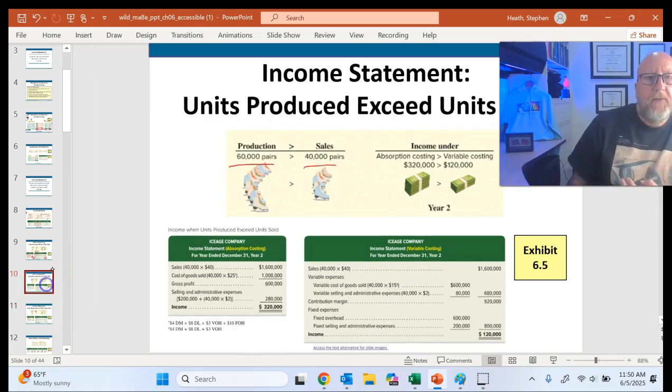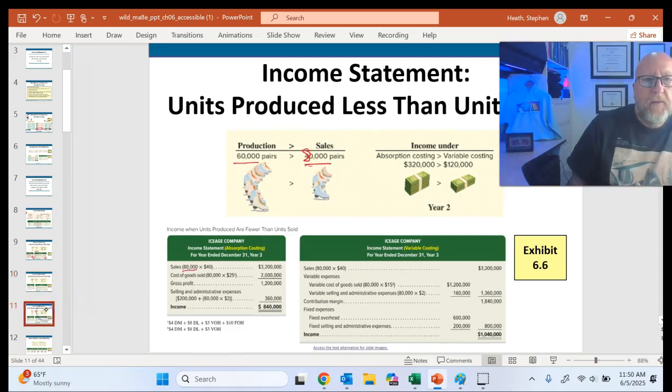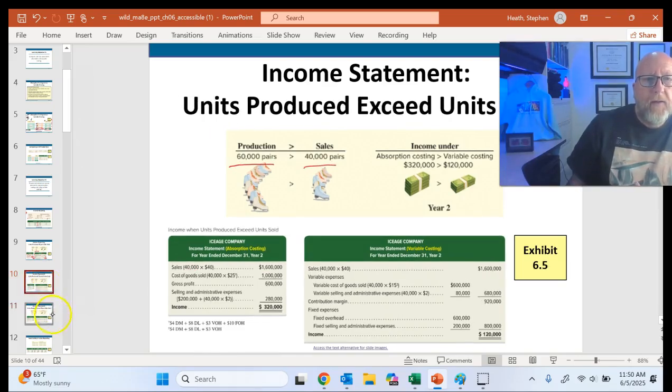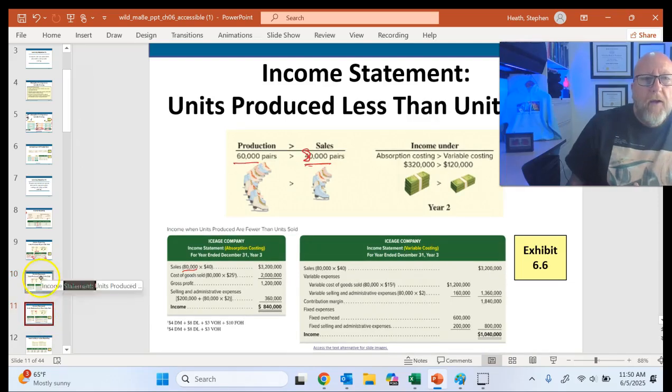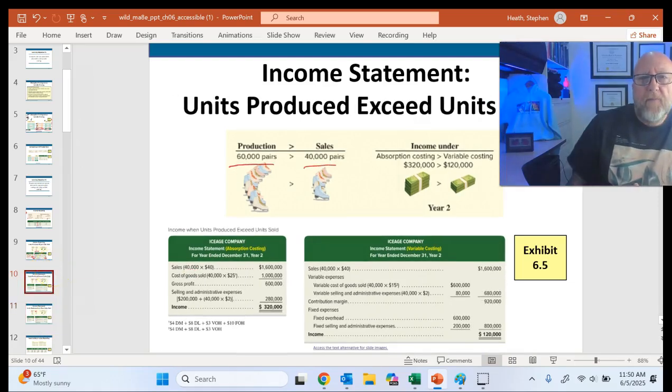Okay. Let's just, units produced exceeds. Huh. Oh, look at that. Okay. Yeah, there you go. Okay, so let's do units produced exceeded units sold.